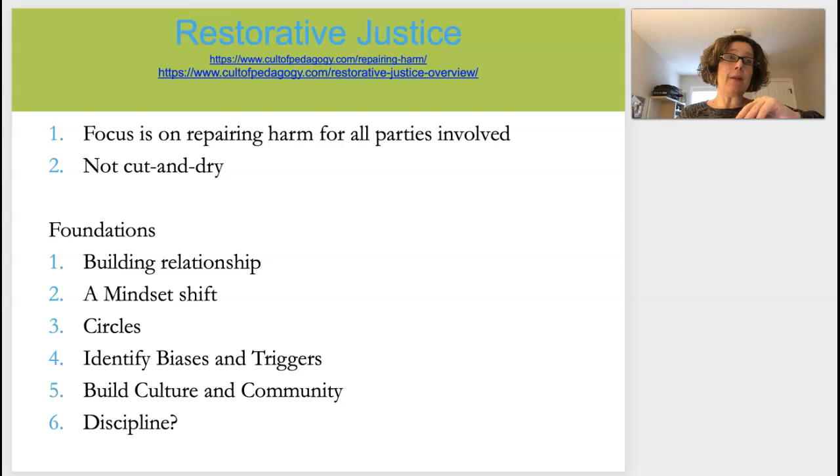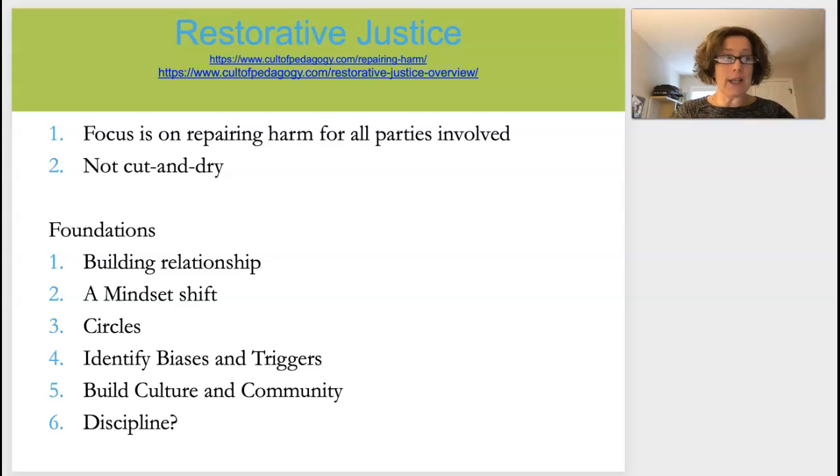And potentially, I know that this particular Cult of Pedagogy one was looking at it from a school-wide point of view, that it's a really intentional building of relationships as a whole school, which is really super cool. So again, when you intentionally build those relationships, there is definitely a classroom and potentially school environment that is super positive.